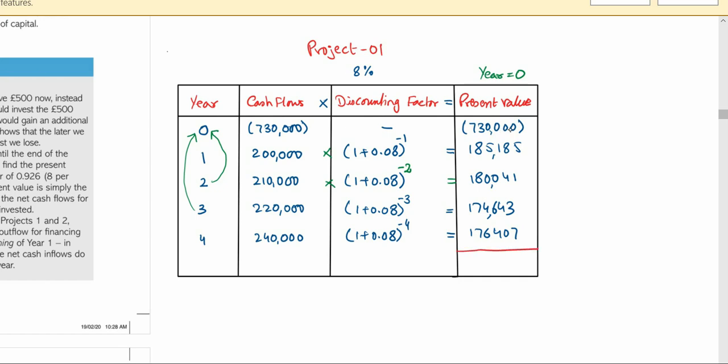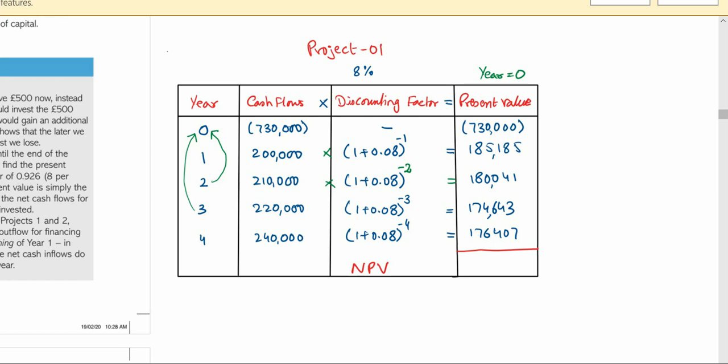This is the negative value, and these are plus, plus, plus, plus, then we will get the net present value. This will be my final answer. So minus 730,000 plus 185,185 plus 180,041 plus 174,643 plus 176,407.